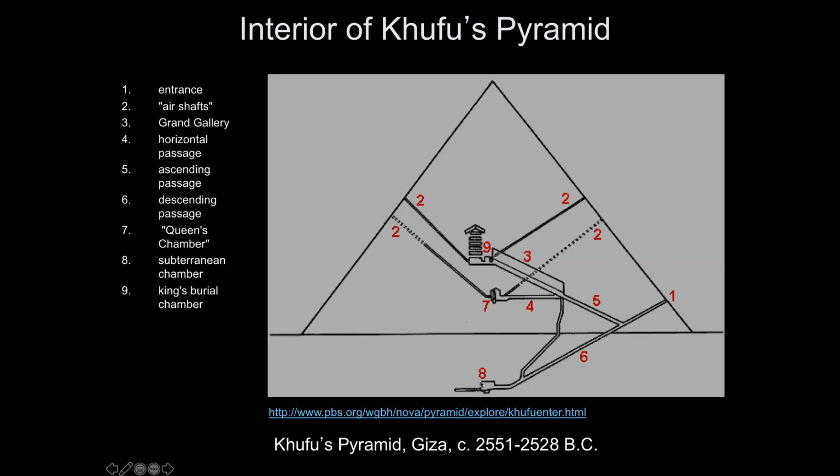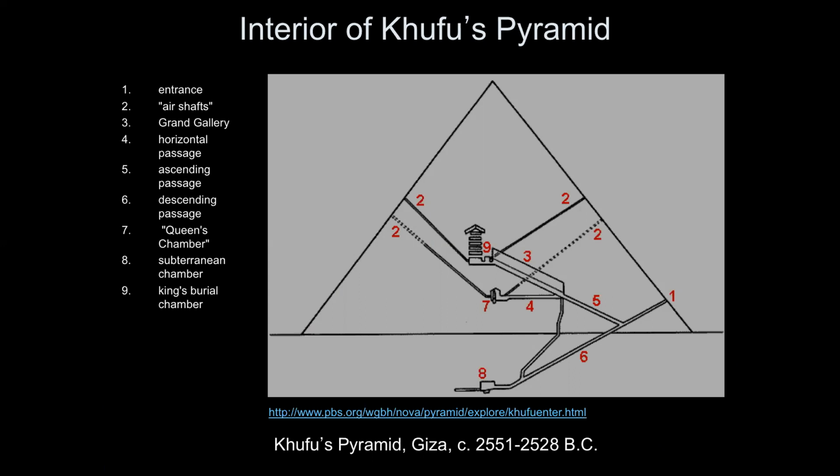There's this additional chamber, so perhaps a place to store the king in case he dies while the pyramid is being built, or perhaps for somebody else, or they decide to move it once they had started the pyramid. And then many additional chambers. You can see with this chamber in the middle, they have all of these relieving stones, and I'm going to give you a link to a video explaining what that's about in a more detailed manner.